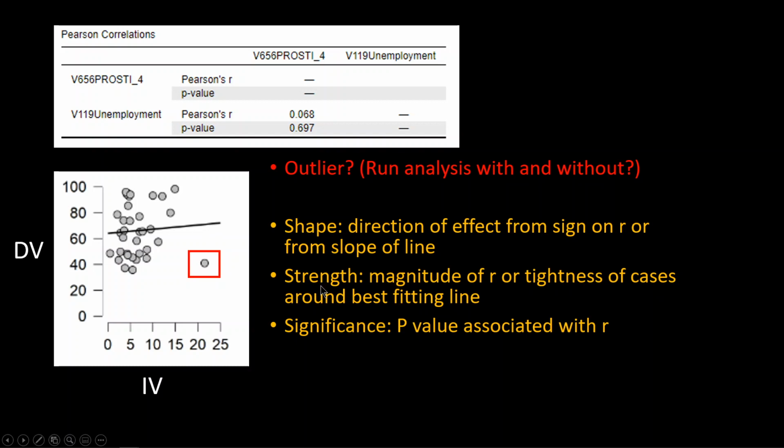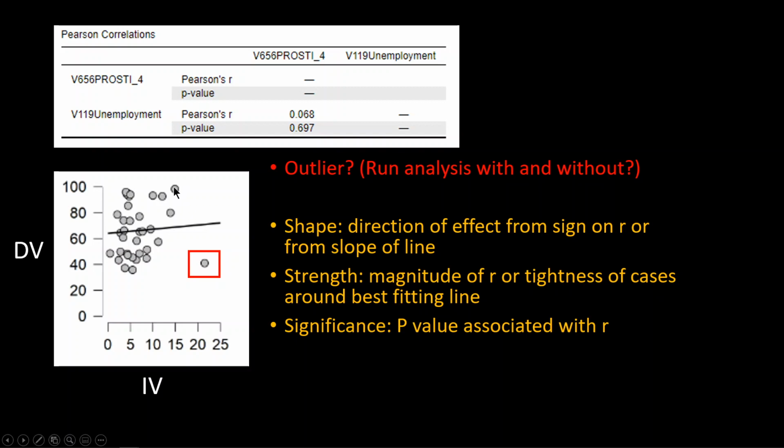The strength is graphically represented by how close these dots are. Each dot represents a case. So this dot is a country, and this country has an unemployment rate of roughly 15%. I mean, we'd have to get the exact value, but you can see it lines up right about above 15% unemployment. And it has a percent of the population saying that prostitution is never justifiable, very high, 99%.